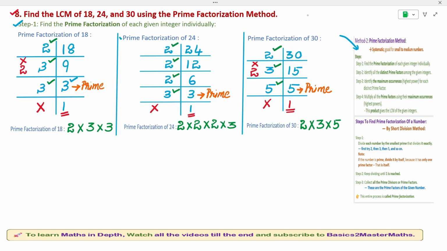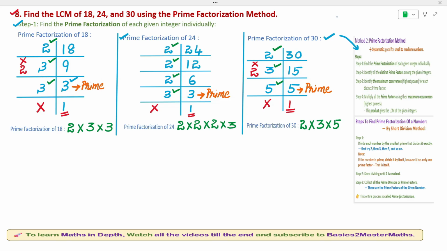Similarly, prime factorization of 24 is 2 multiplied by 2 multiplied by 2 multiplied by 3. Also, prime factorization of 30 is 2 multiplied by 3 multiplied by 5.